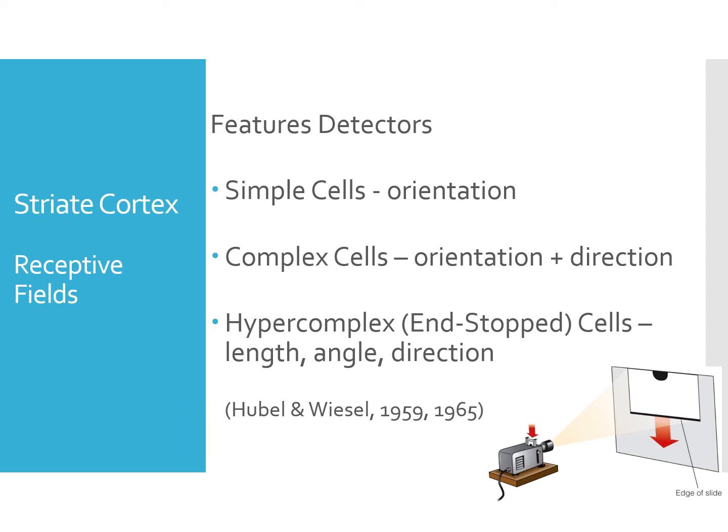And it was David Hubel and Torsten Wiesel who told us about these feature detectors. They actually were also the ones who were recording from the retinal ganglion cells earlier when we were looking at the cat that was looking at the screen. And in 1959 and 1965, they discovered these feature detectors for which they won the Nobel Prize in physiology or medicine.